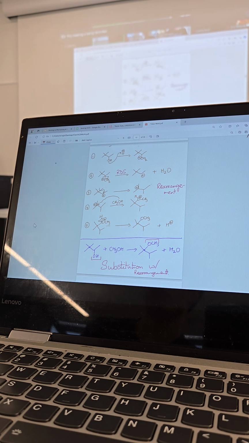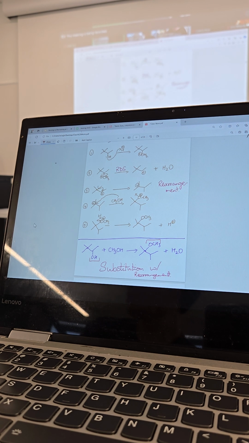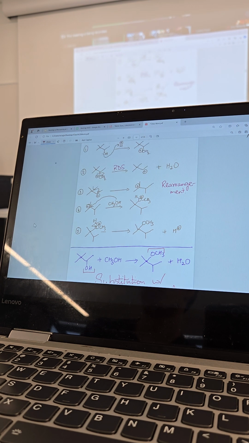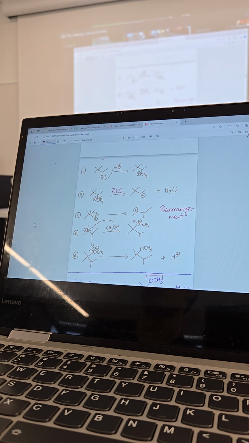Can you just focus on step 1? Can you tell me what is the role of the reactant alcohol? What is the reactant alcohol behaving as, reacting as in step number 1? Electrophile?